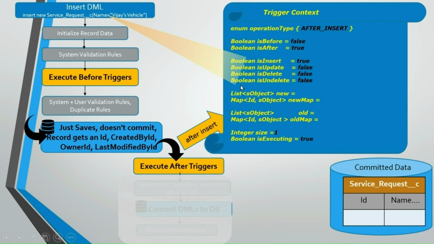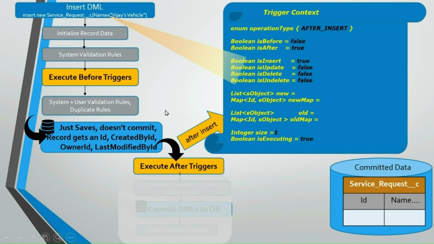The next section is the new and new map values. To provide the new and new map values, Salesforce looks at the input data. For the input data, if you see, we have given the name, but at this save step, Salesforce has assigned the generated record ID, created by ID, owner ID, and last modified by ID.